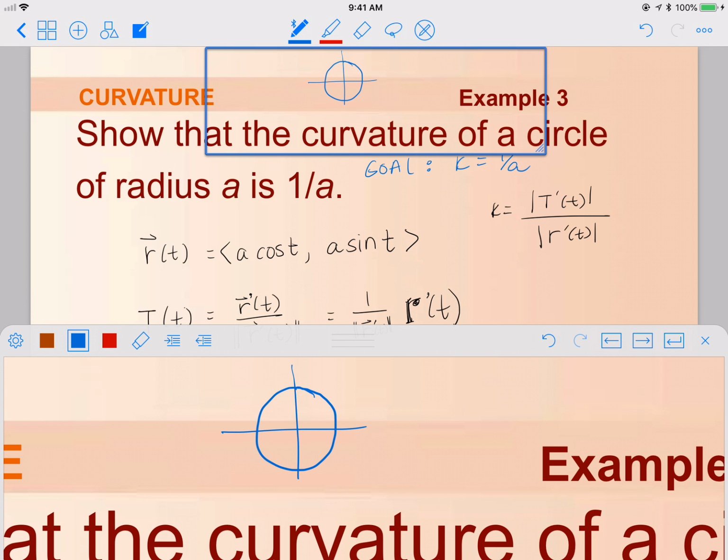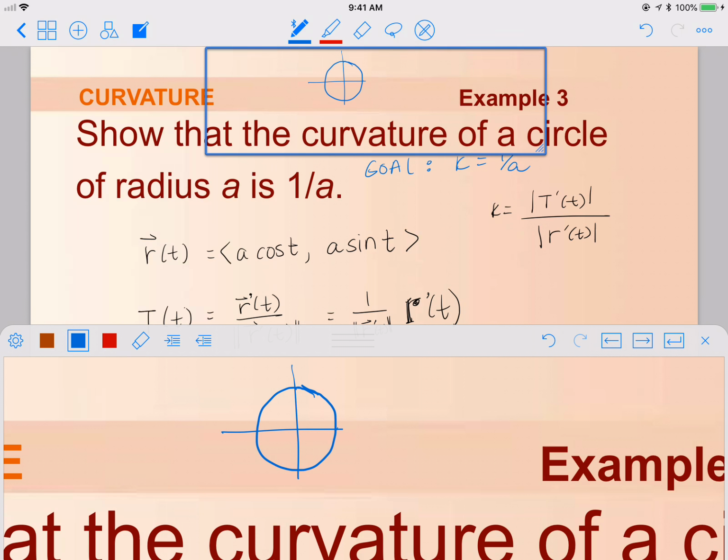Because the curvature isn't going to change based on the location. Do you get what I'm saying? If we had that circle out here, it'll have the same curvature as if it's centered at the origin. So let's just center it at the origin for ease of calculation.